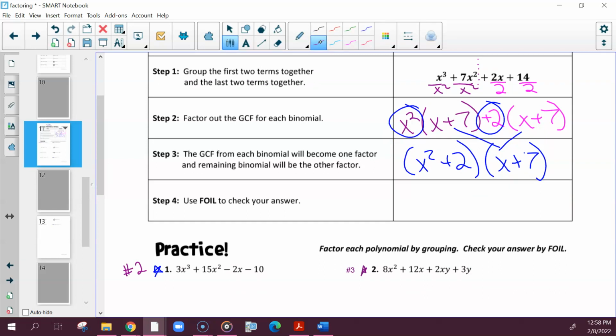This very last step is to check yourself, to go back and see, does this work? Did I do this correctly? So if I were to rewrite what we just got, x squared plus 2, x plus 7, and then I distribute it back out.